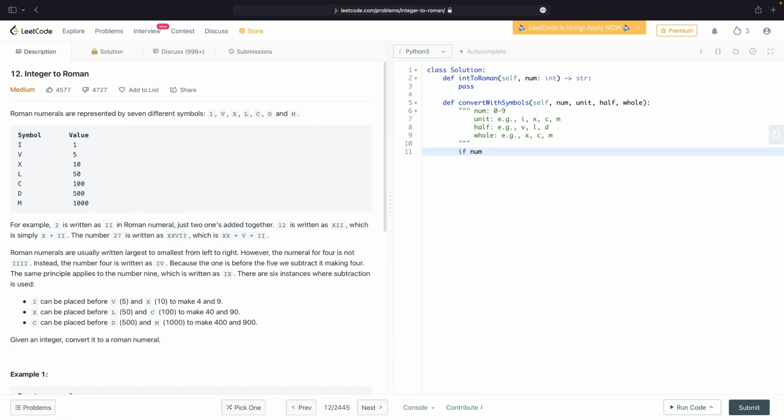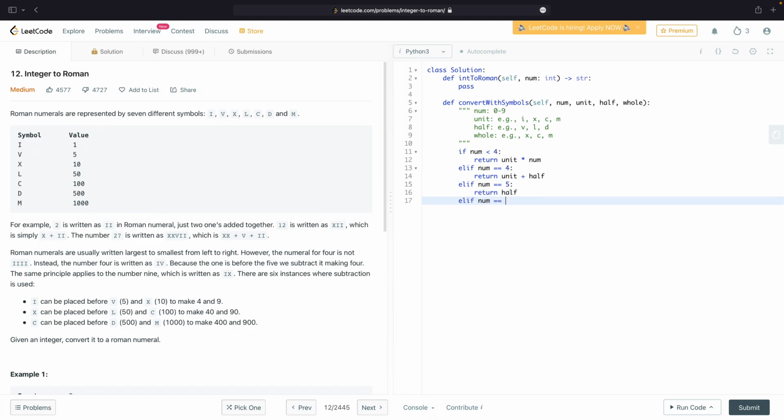if num is less than 4, return unit times num. And if num equals 4, return unit plus half. And if num equals 5, return half.